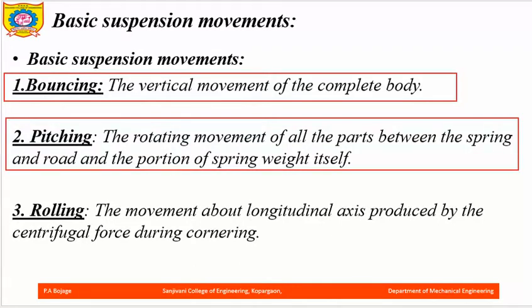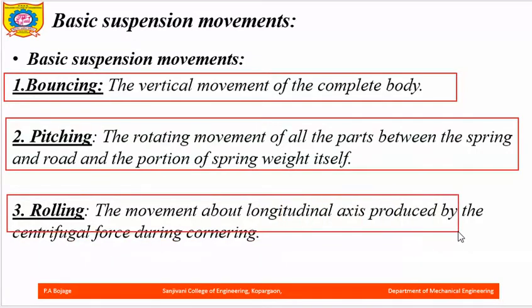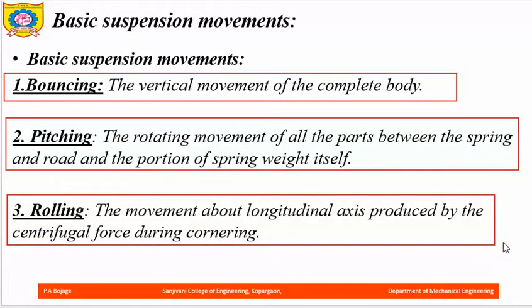Next is the rolling movement. Now, what is rolling? The movement about the longitudinal axis. We have already seen the axis produced by the centrifugal force during cornering. So, rolling occurs due to the centrifugal force.